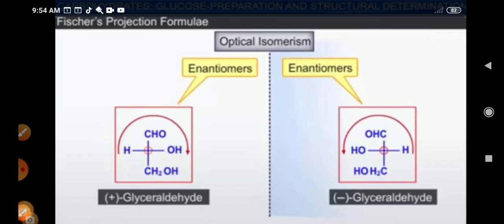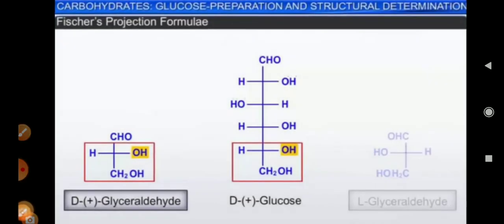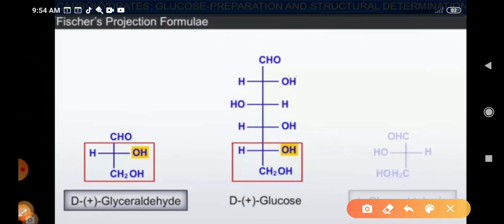Here also plus and minus signs are there. Plus shows dextrorotatory nature, minus shows levorotatory nature. Now when you compare the structure of glucose with glyceraldehyde, here on this carbon atom, OH is on the right side, then it is called D form.